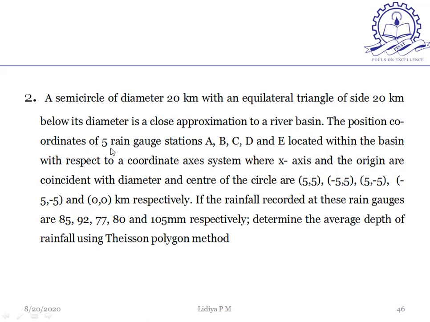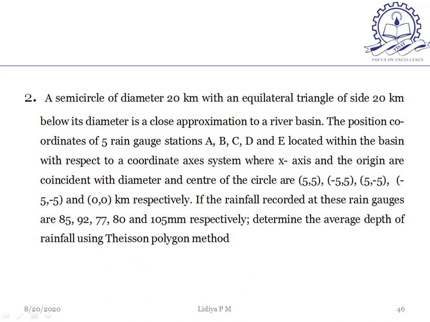The coordinates of 5 rain gauge stations A, B, C, D, and E located in the basin, with respect to a coordinate axis system where the x-axis and the origin are coincident with the diameter and center of the circle, are (5, 5), (-5, 5), (5, -5), (-5, 5) and (0, 0) respectively. If the rainfall recorded at the rain gauge stations are 85, 92, 77, 80 and 105 respectively, determine the average depth of rainfall using the Thiessen polygon method.